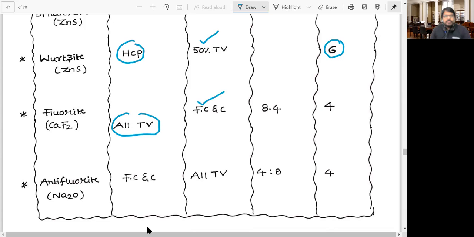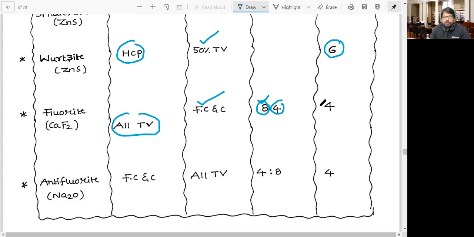Which lattice? FCC lattice. Always first we have to write the coordination number of cation. Cation is present at face center and corner, and cation is surrounded by 8 tetrahedral voids. So the coordination number of cation is 8. Coordination number of anion is 4. Hence it is 8:4 type of packing.